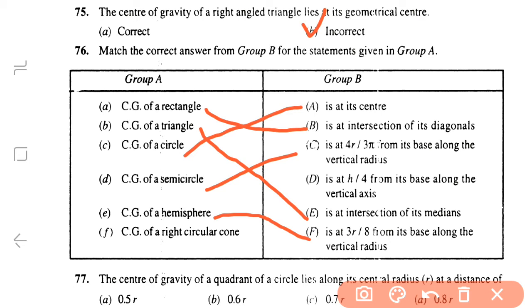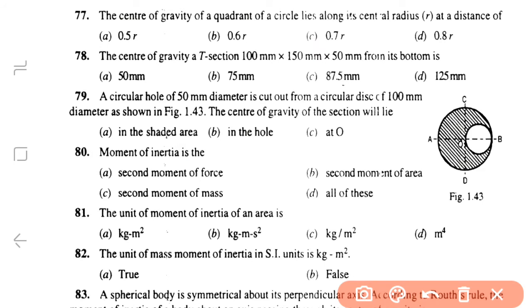Now next is CG of a right circular cone. Here, friends, option D is the correct answer, that is at h by 4 from its base along the vertical axis. Next is: the center of gravity of a quadrant of a circle lies along its central radius r at a distance of, here friends, these are the options, and here option B, that is 0.6 r, is the correct answer.